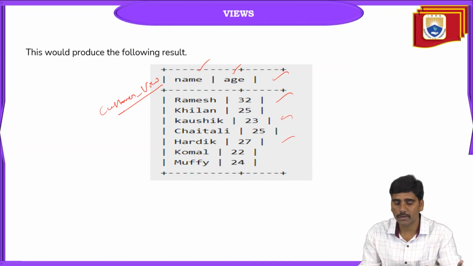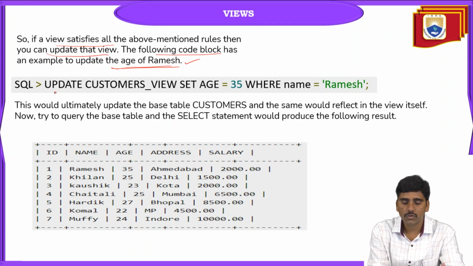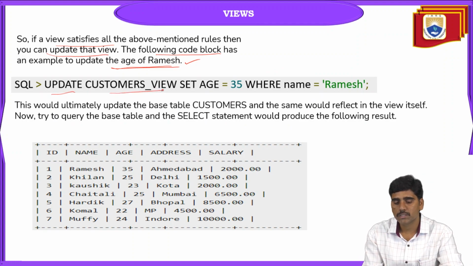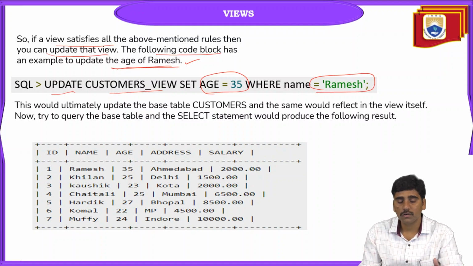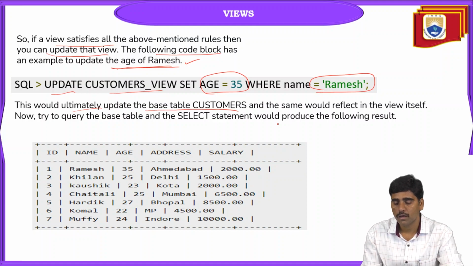Now if I want to update Ramesh's age through the view: update customer view set age equals 35 where name equals Ramesh. Only if all the above mentioned rules are satisfied can you update the view. This would ultimately update the base table customers, and the same would reflect in the view itself.